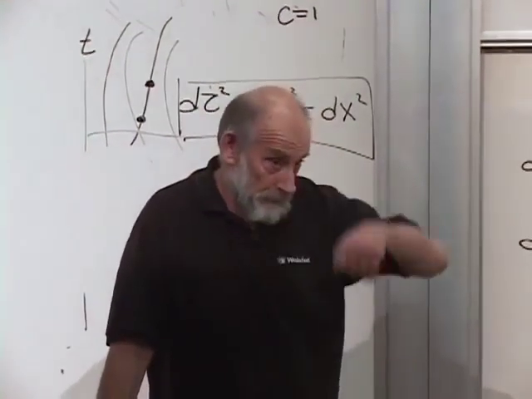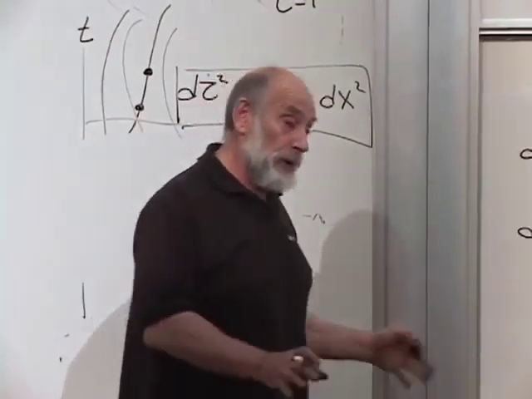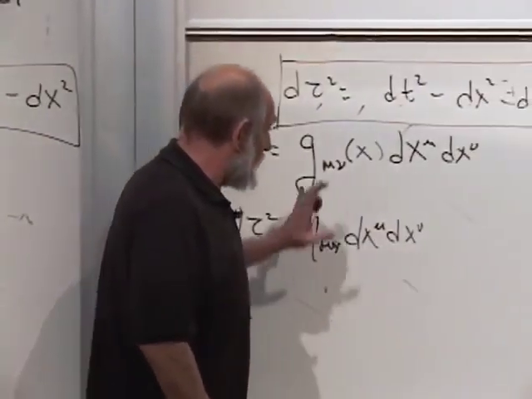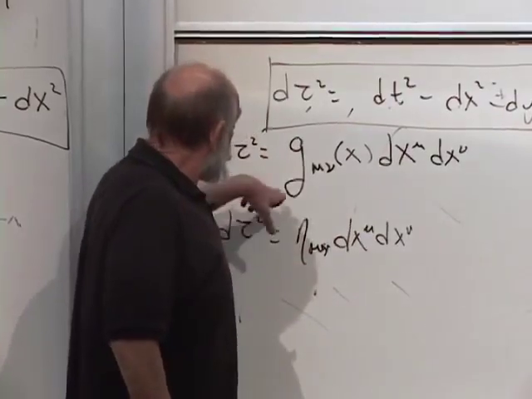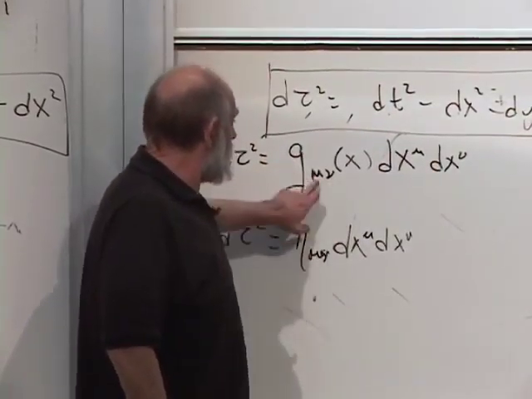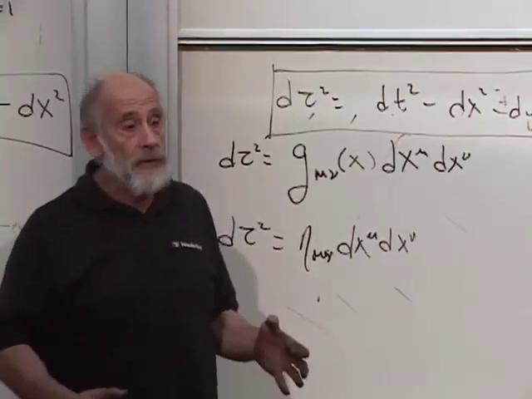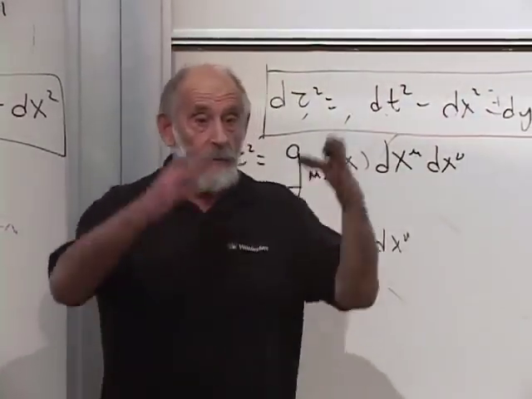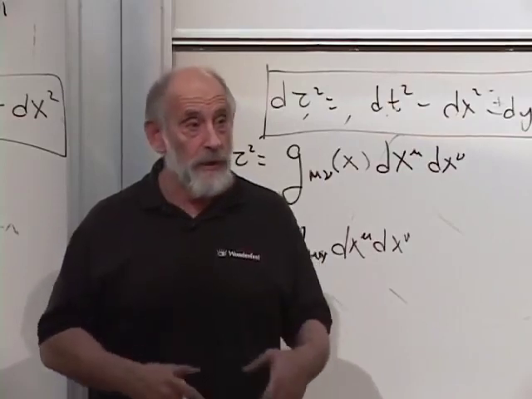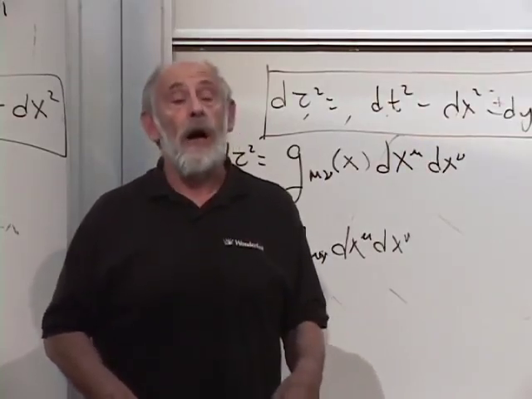Now, there is a rule. I'll tell you what the rule is now, and we'll go through it another time. But we do need to go through it. The rule is that g mu nu is again a symmetric tensor. Symmetric tensors have a complete set of eigenvalues. They will always have 4 eigenvalues.